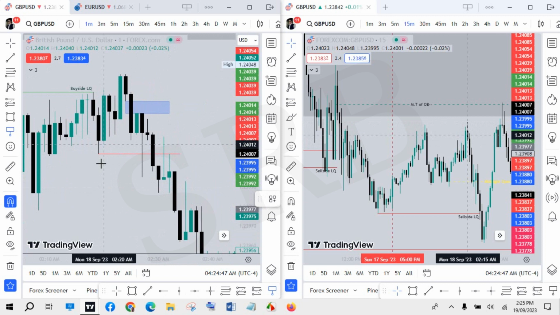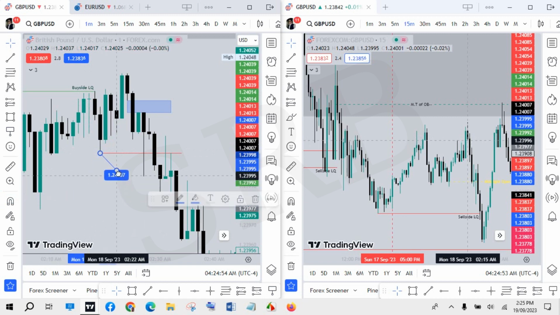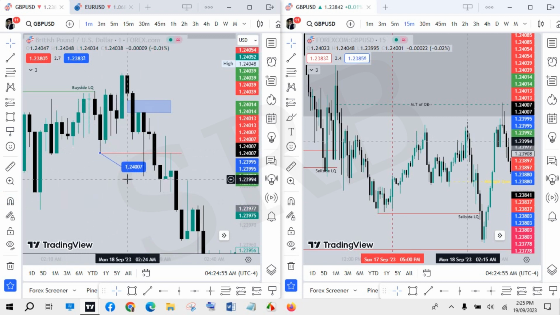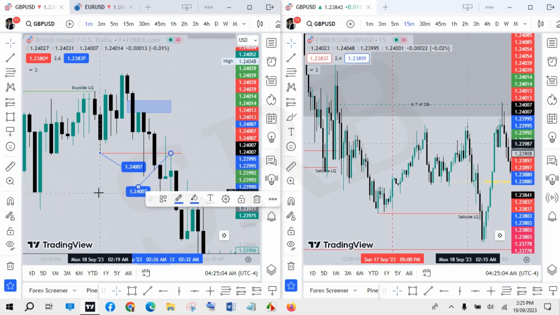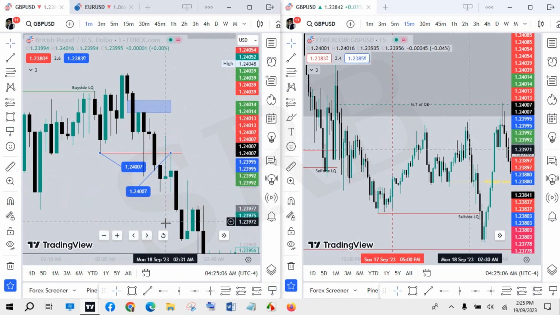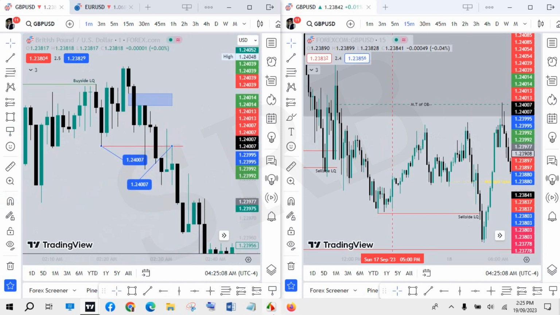Now, why am I saying that the breaker is a very strong pattern? The low of that candle comes at 1.24007, and the high of this candle comes in at 1.24007. That is called a perfect algorithm.